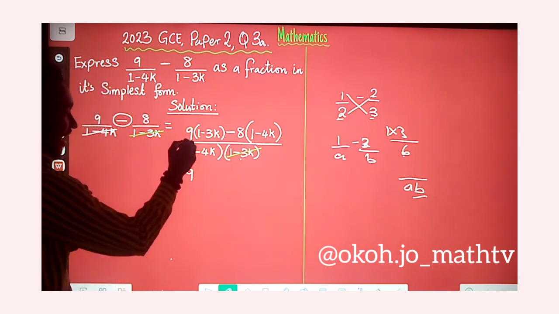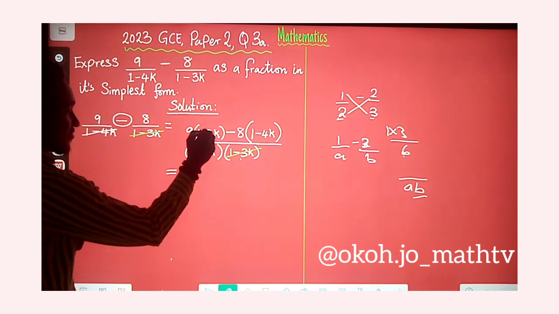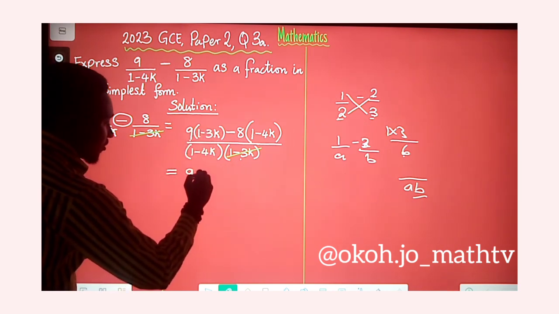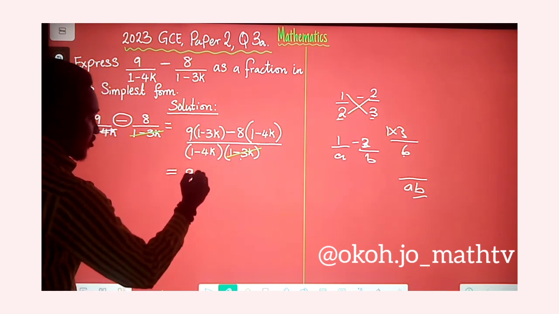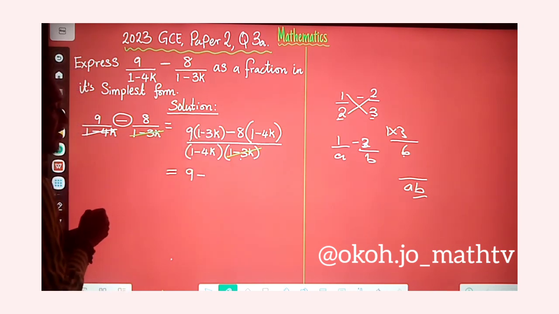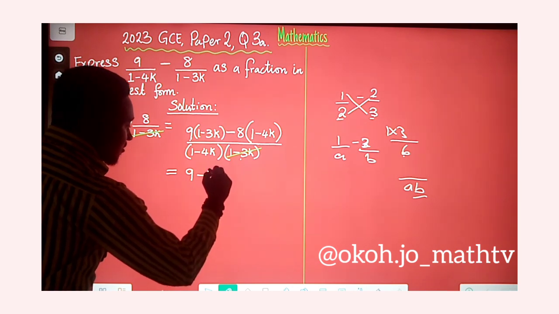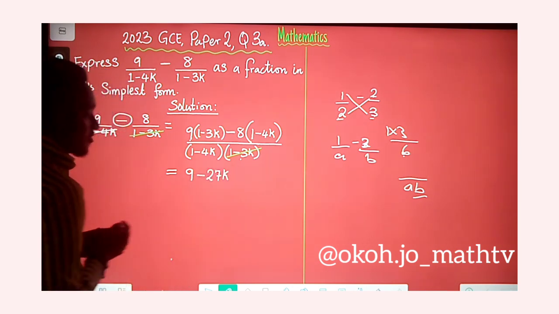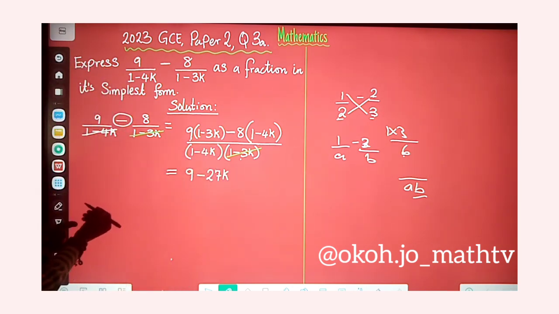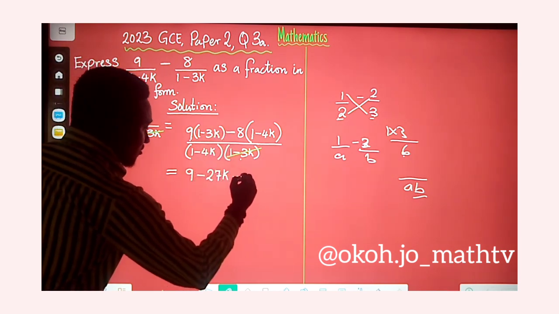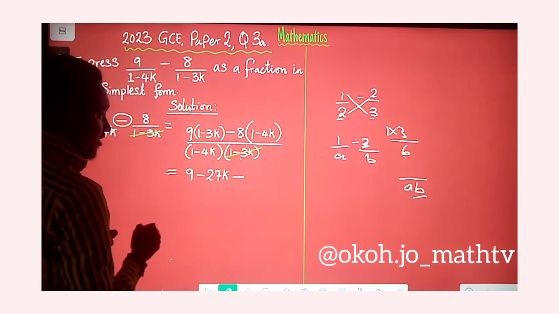Then 9 times negative 3k: bring down the negative. 9 times 3 is 27, then your k. We're done with this part of the bracket. Bring down this subtraction.